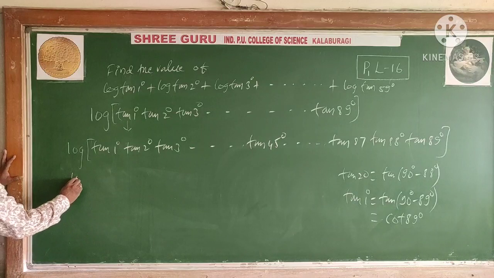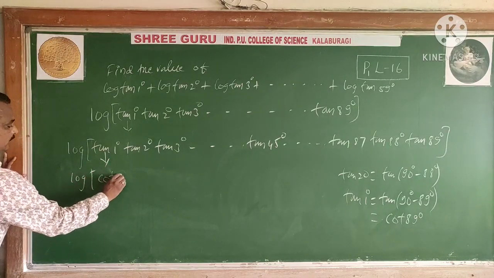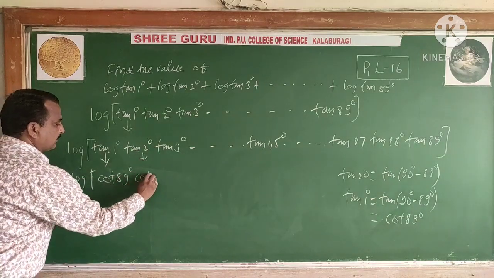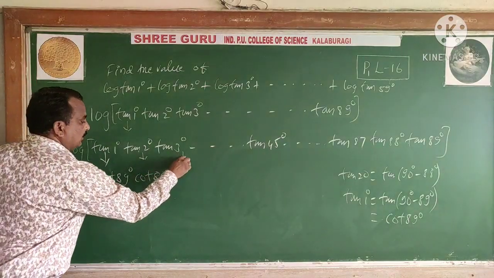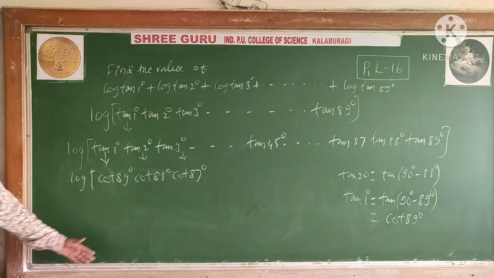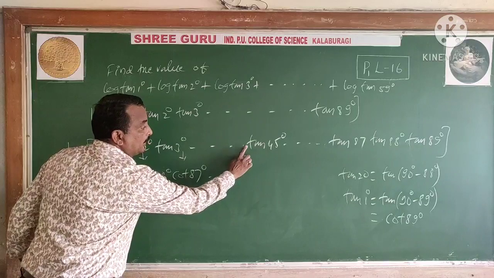Now see, students, I write this as cot 89. You know this one from the previous class. This 2 can be written as cot 88, and this one as cot 87. Similarly cot 86, cot 85, like that up to 44.